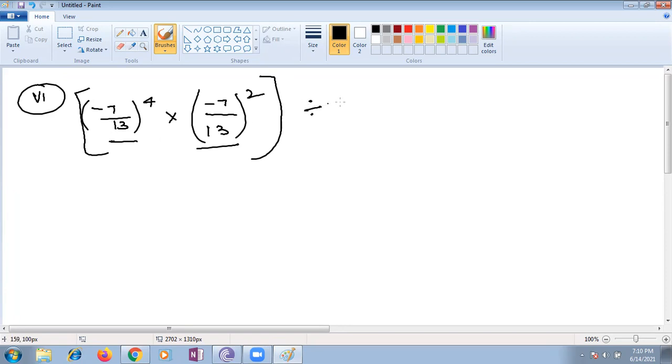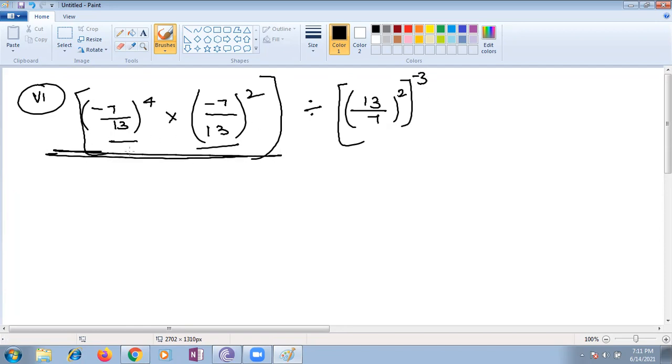You have to divide with 13 upon 7 whole square raised to the power minus 3. Bases are the same, children. What is the base? The base is minus 7 by 13. If bases are the same in multiplication, we can add up exponents.